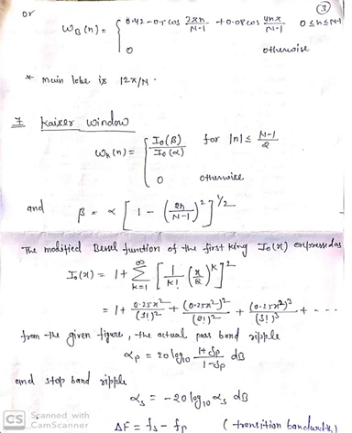So, in order to achieve the prescribed minimum stop band attenuation and pass band ripple, the designer must find a window with an appropriate side lobe level and then choose N to achieve the prescribed transition width.